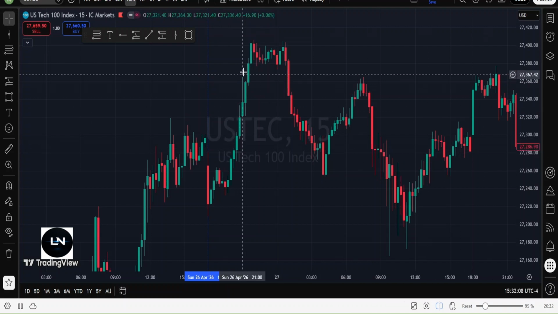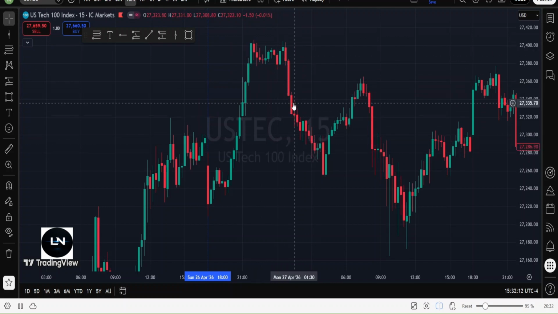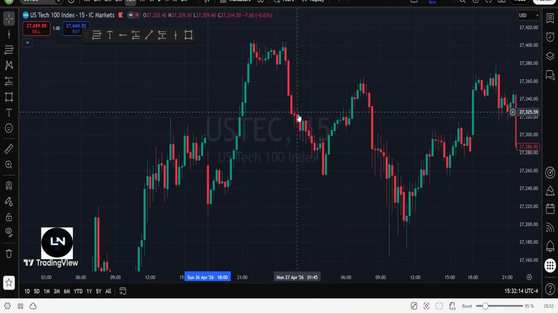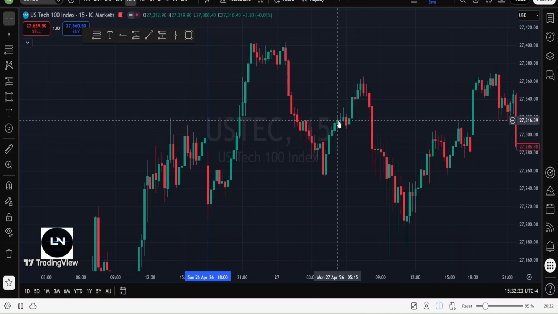So the market rallied in, and we had a market structure shift on the lower time frame, the 15-minute, creating all these displacements and inefficiency. The market rallied back into the level we are looking at, between 8:15 and 10:45, to see how it would have taken the trade. So let's watch this.